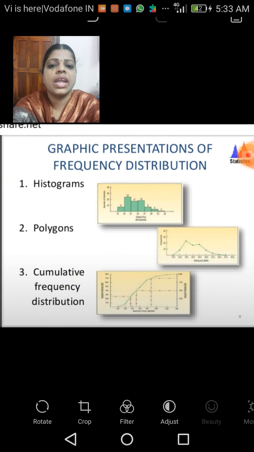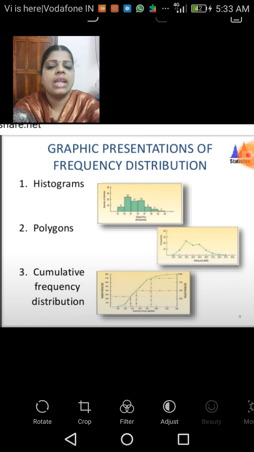And I told you the different diagrams through which we can graphically represent or depict the table. The first diagram is the histogram. You can see here the first picture is a histogram. So using this schedule, this is the manner in which we can depict it graphically.